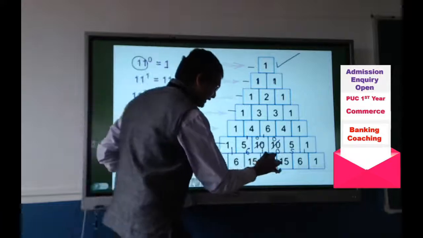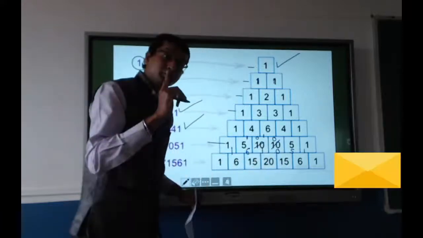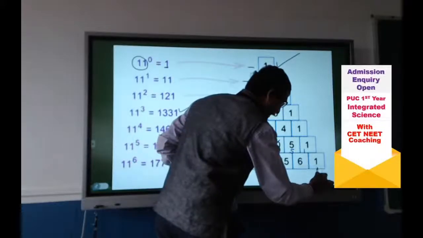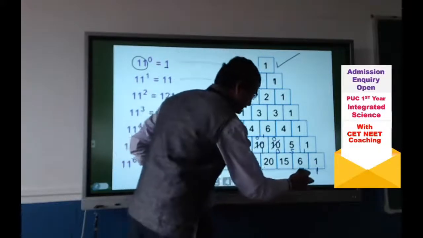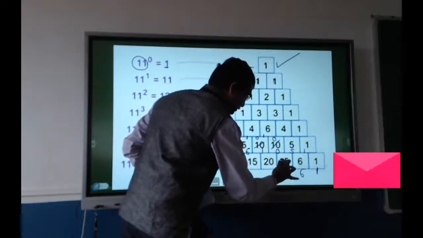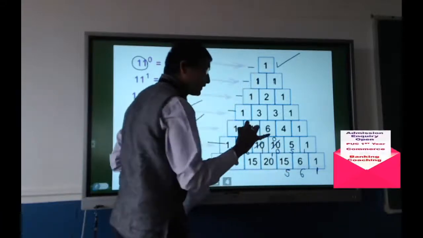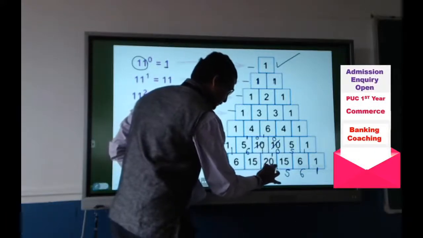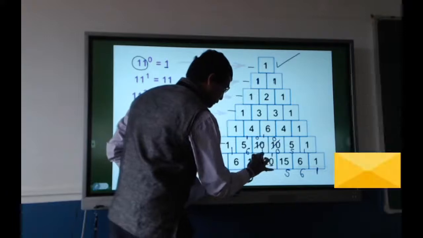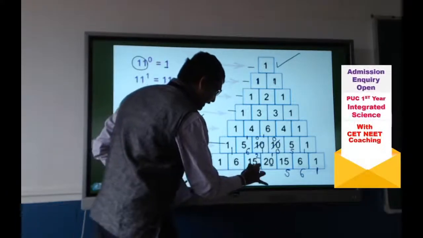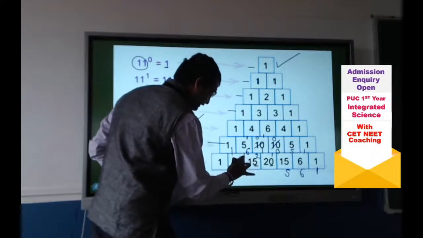So here there are two digits, we reduce to only a single digit. That is, I write 1 as it is, 6 it is, so unit place I take as it is, so tenth place I take it as a carry. Similarly 20 we have, so 0 I take as it is, 2 I take as a carry, and here it is 5, I take it as it is, 1 I take as a carry.